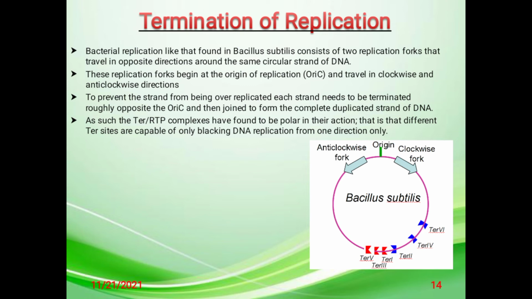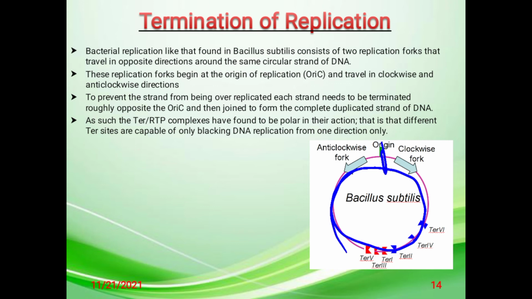Next, termination of replication. Bacterial replication, like that found in Bacillus subtilis, consists of two replication forks that travel in opposite directions around the same circular strand of DNA. The replication forks begin at the origin of replication and travel in clockwise and anti-clockwise directions. This is the Bacillus subtilis genome.